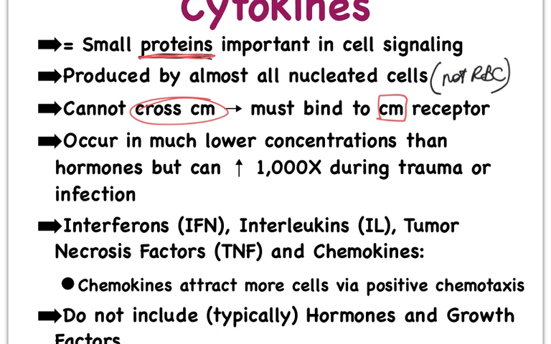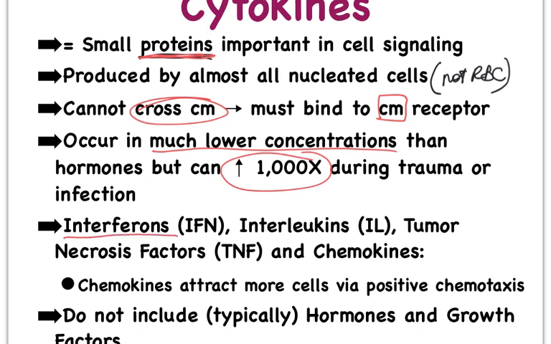Some people refer to them as hormones, but because many hormones are typically chemicals that signal to cells, we shouldn't do that because these guys occur in a much, much lower concentration, unless there truly is cell injury or an infection. Then they very rapidly increase. So the production of cytokines can increase very, very rapidly. So we're going to look at a few important ones.